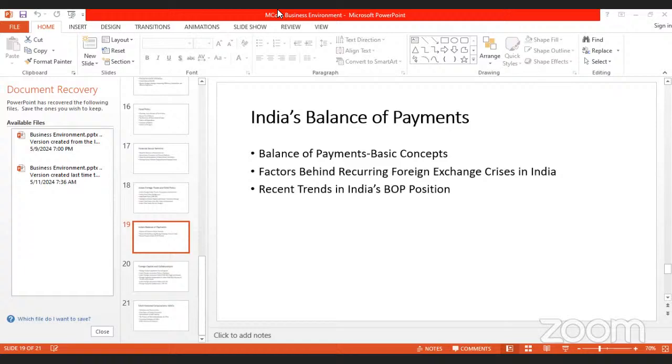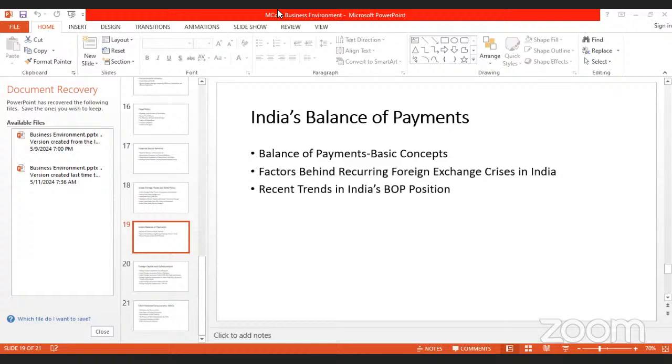So the sum of the current account and the capital account should ideally be zero. When you calculate their sum, the result should come out to be zero, as they reflect the net transaction with the rest of the world.